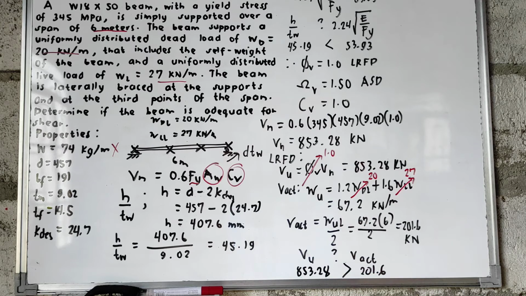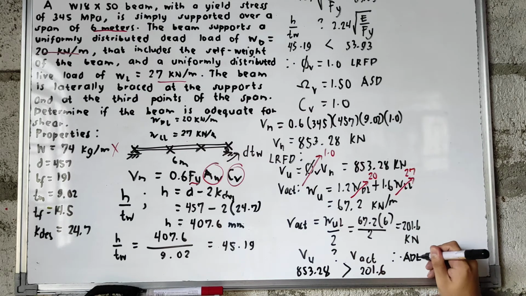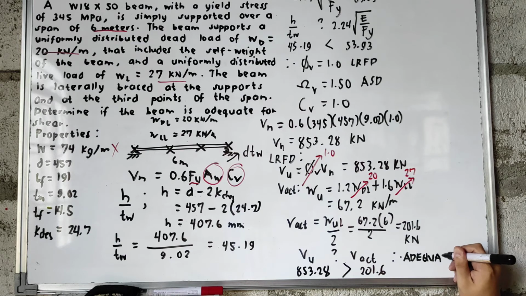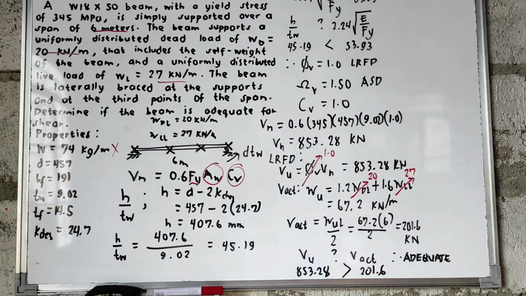Since greater yung capacity ng shear natin compared dun sa actual na nakaload sa kanya, meaning to say, adequate yung section natin to carry such loads. So, yung section natin is adequate for shear.